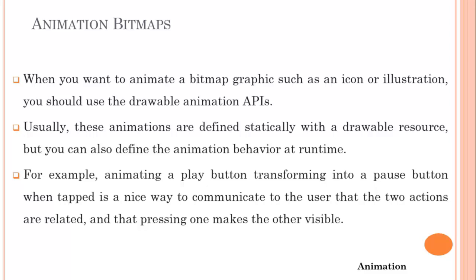It can be a play or pause button. Usually these animations are defined statically with a drawable resource. This type of animation is defined during the coding part and it is statically defined, but you can also define the animation behavior at runtime. Animating a play button transforming into a pause button when tapped is a nice way to communicate to the user that the two actions are related.